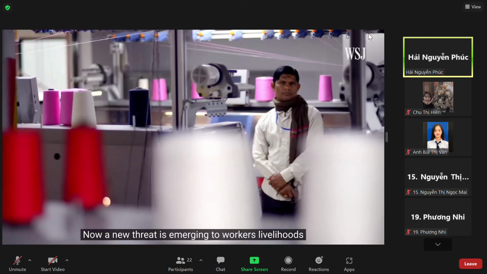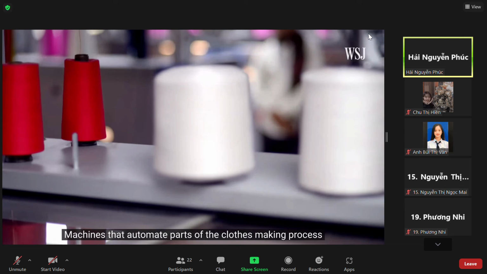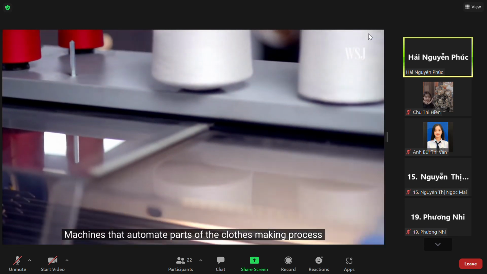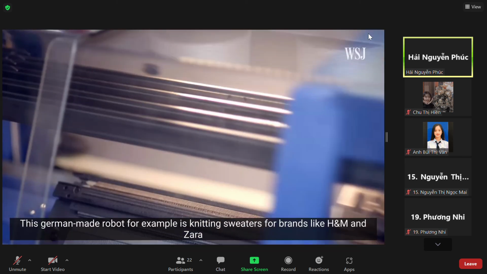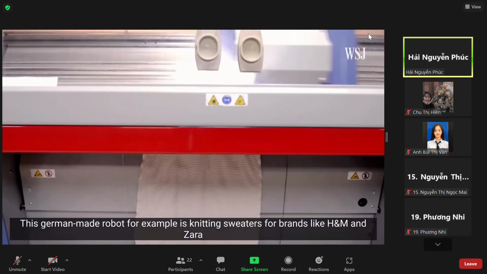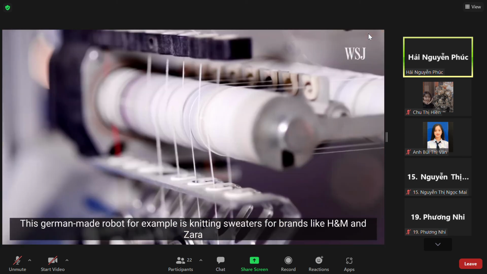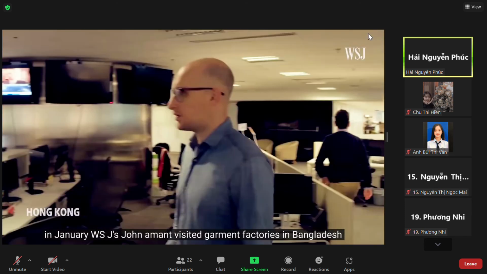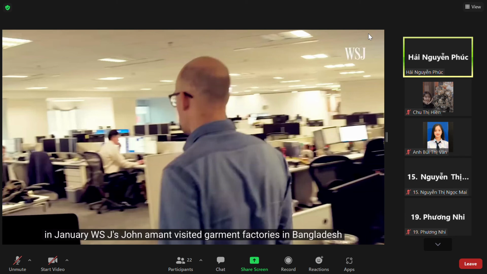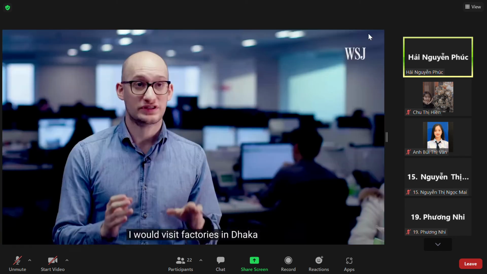Now a new threat is emerging to workers' livelihoods. Machines that automate parts of the clothes-making process. This German-made robot, for example, is knitting sweaters for brands like H&M and Zara. In January, WSJ's John Eabd visited garment factories in Bangladesh.